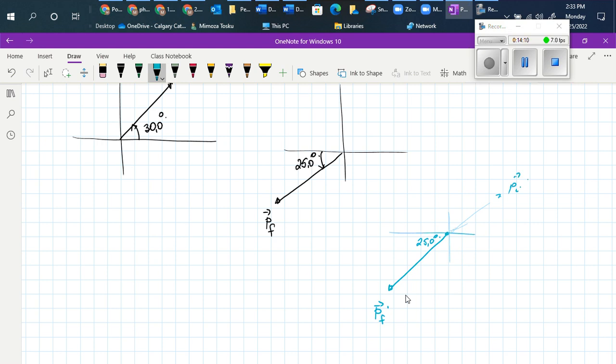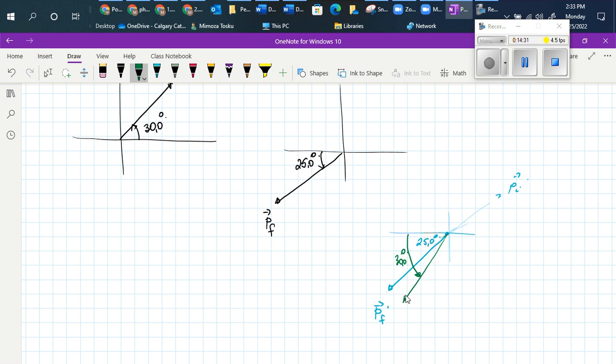Since we are doing negative, we extend it in the opposite direction. This one here is 30 degrees.